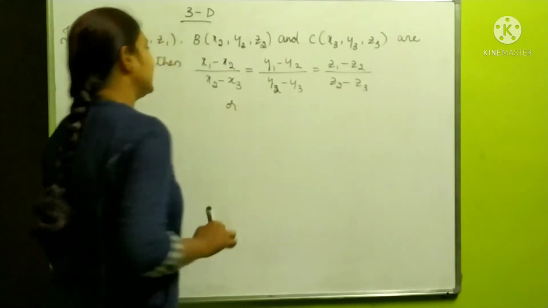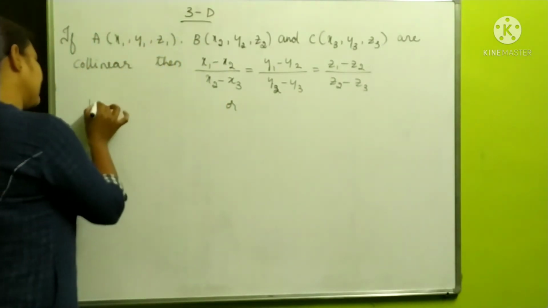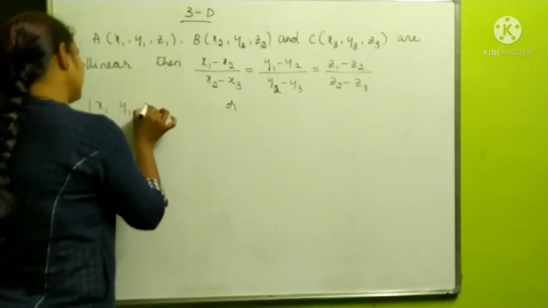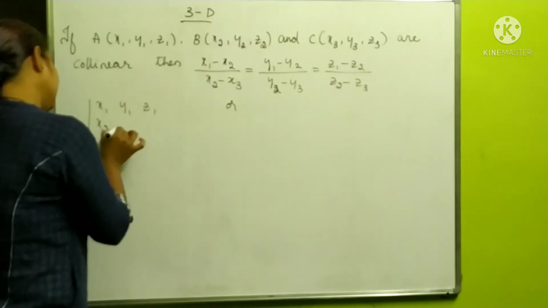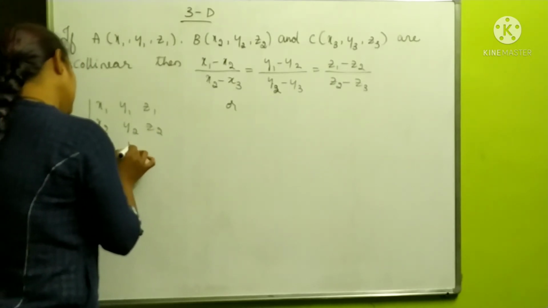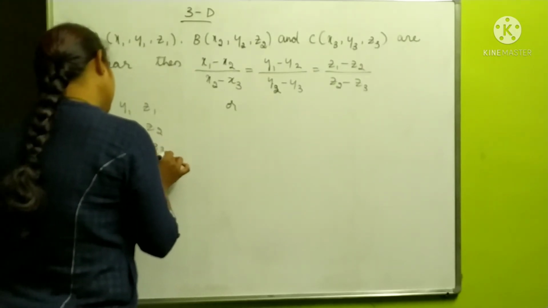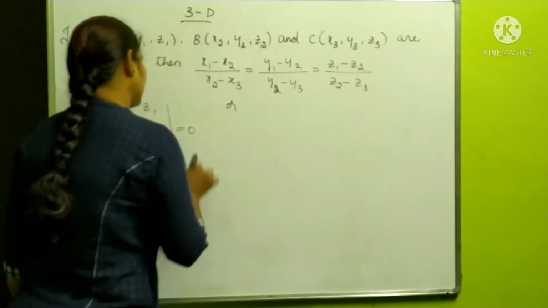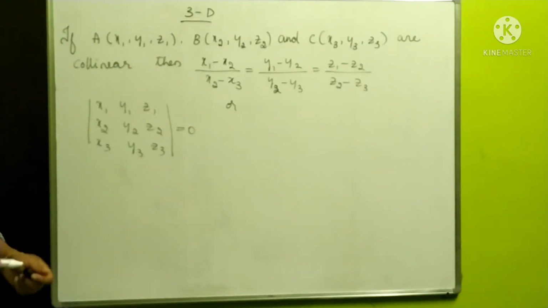Or you can consider the determinant of x1, y1, z1, x2, y2, z2, x3, y3, z3 being equal to 0. Any of the conditions you can use.